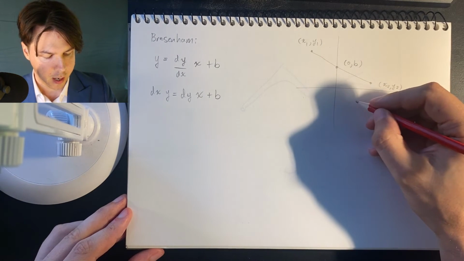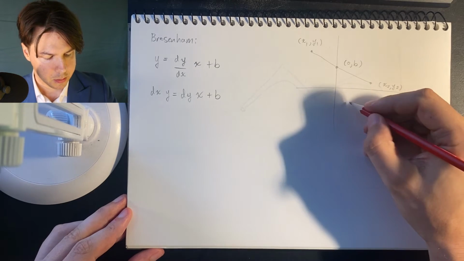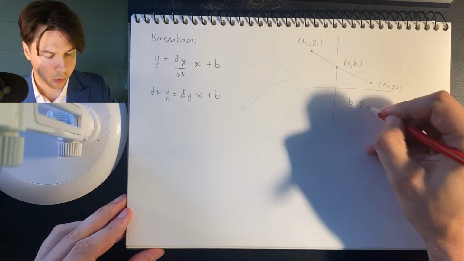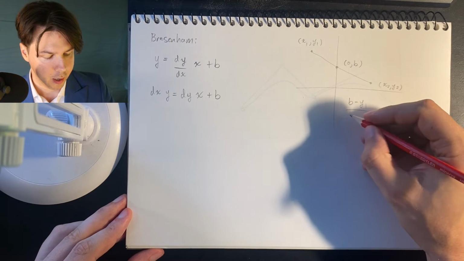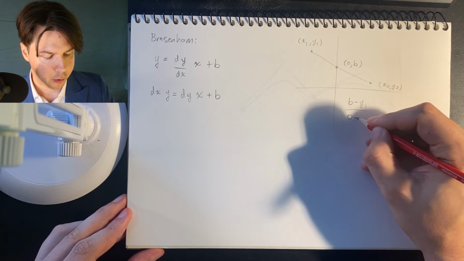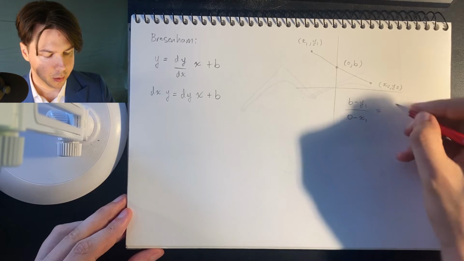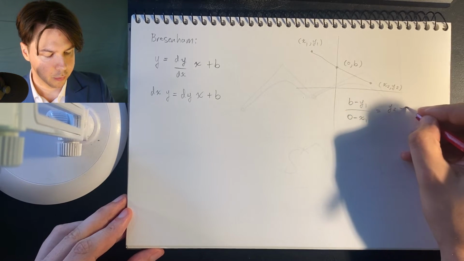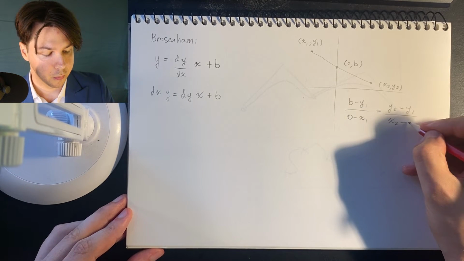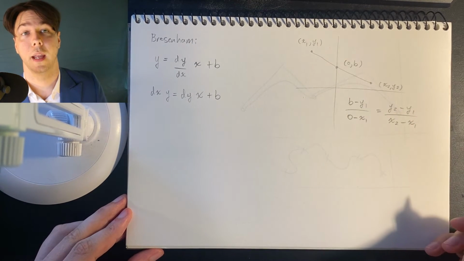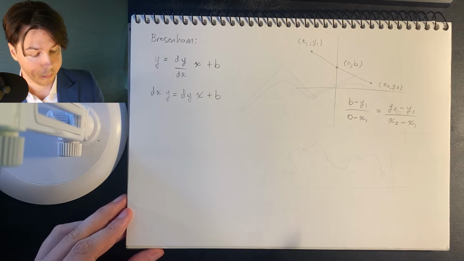So we have b minus y1 over 0 minus x1, so rise over run, or fall over run in this case, equals y2 minus y1 over x2 minus x1.